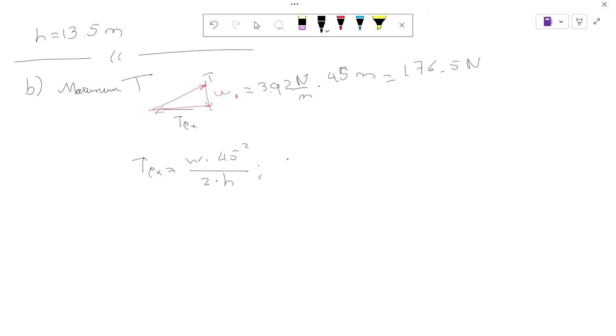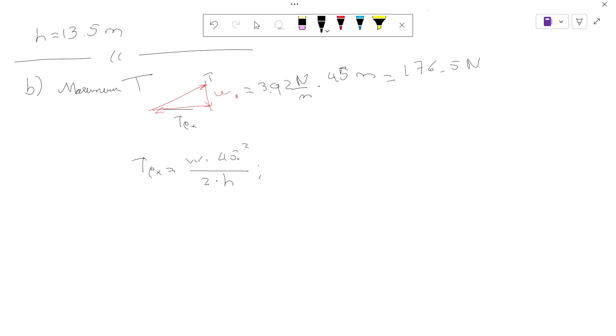And in that case, you just put this in the calculator. Wait a second, remember, this is the part that I got confused earlier.